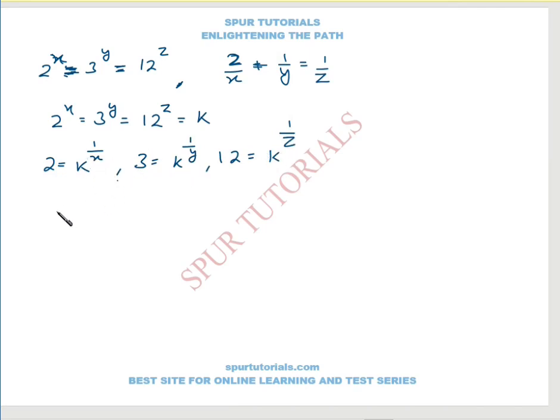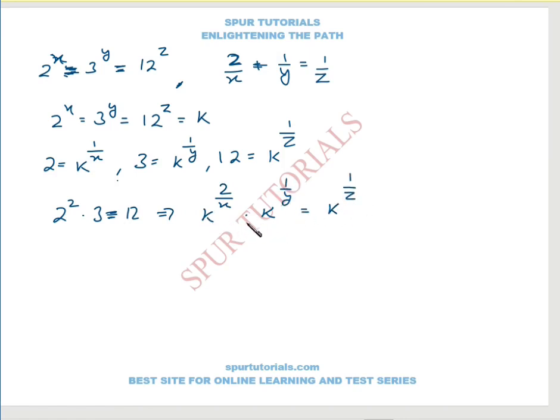And clearly 2 squared into 3 is equal to 12, right? So we may write it like this: k raised to power 2 by x into k raised to power 1 by y is equal to k raised to power 1 by z.